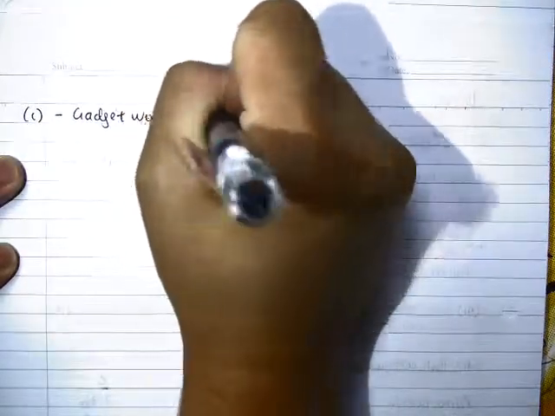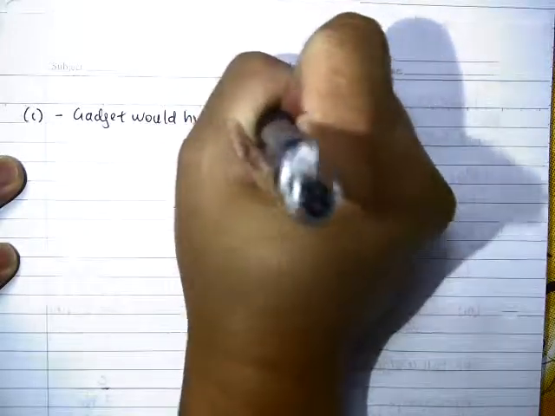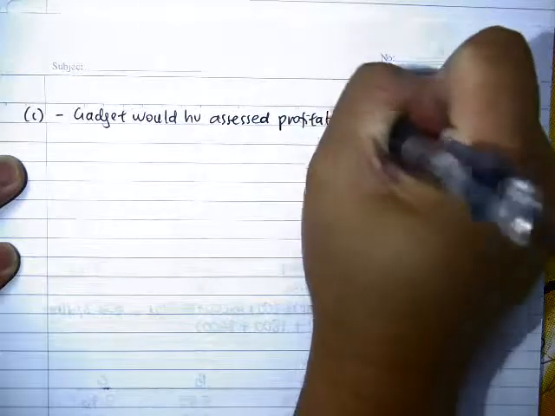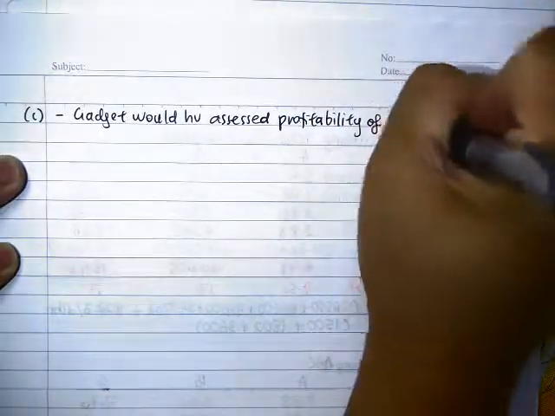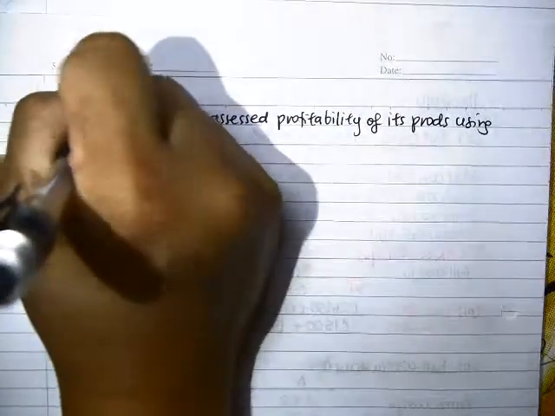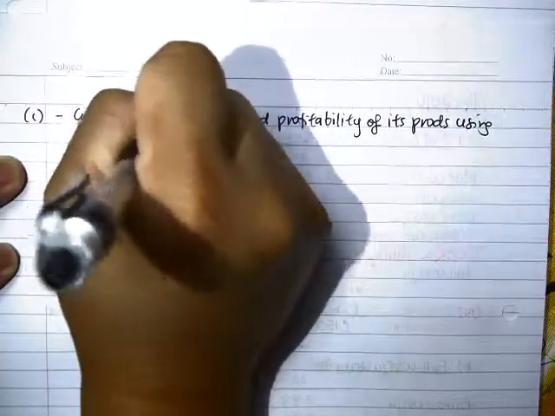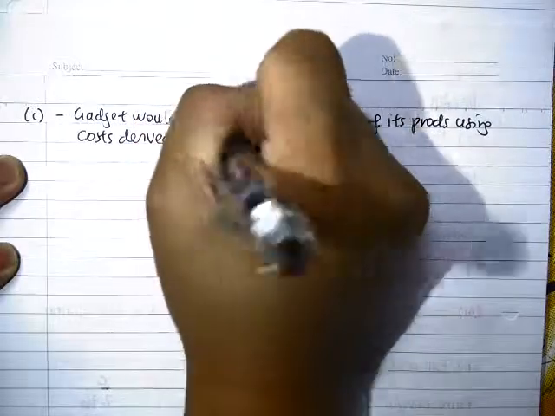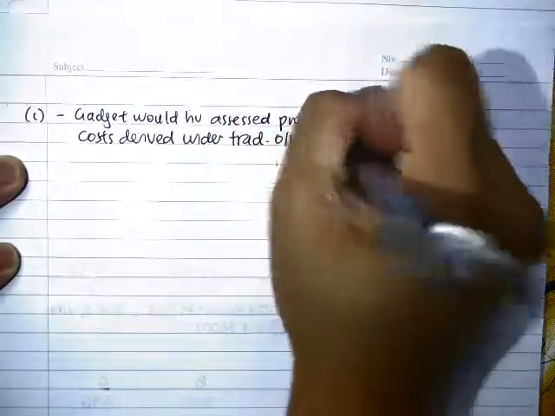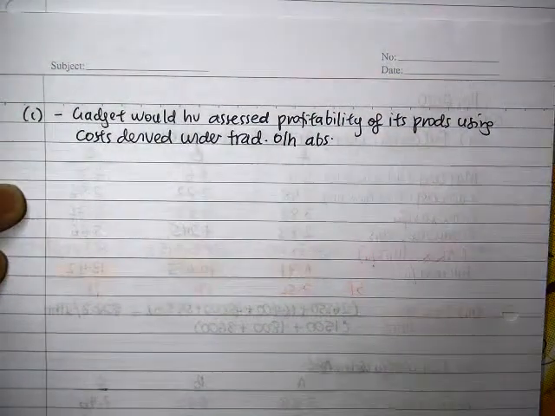Gadget would have assessed the profitability of its product using costs derived under the traditional overhead absorption.